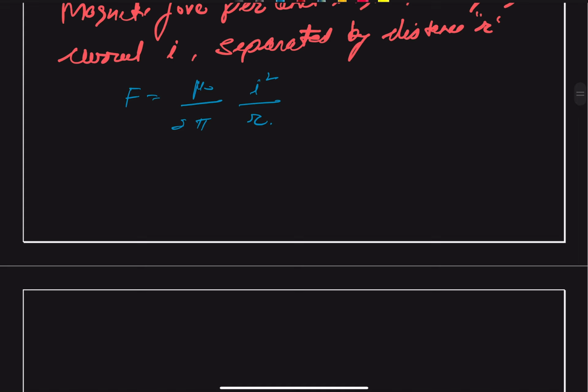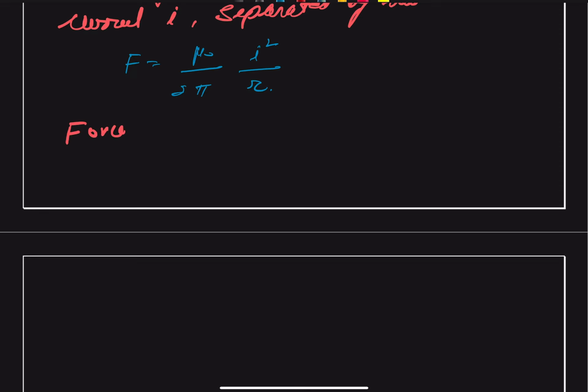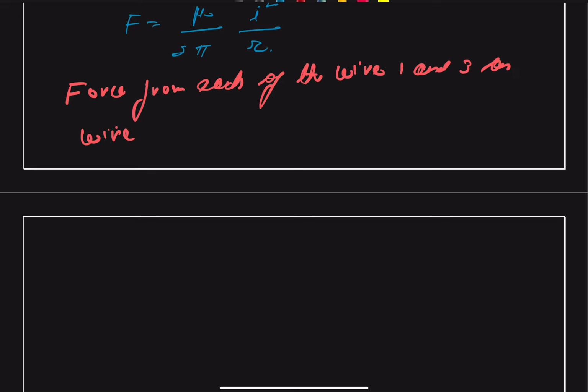So we can simply substitute the value of r, and we can say that the force from each of wire 1 and 3 on wire 2 is F equal to mu naught upon 2 pi I square divided by the square root of d square plus z square.